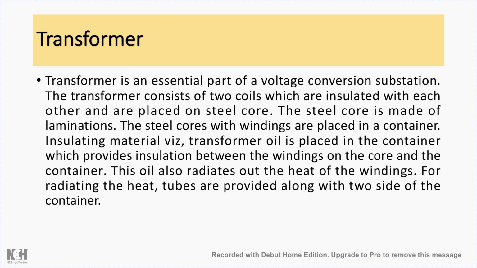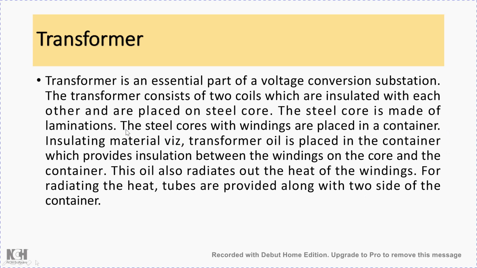The transformer consists of two coils which are insulated from each other and are placed on a steel core. The steel core is made up of laminations, the silicon steel laminations. Basically the steel core with windings is placed in a container with insulating material.